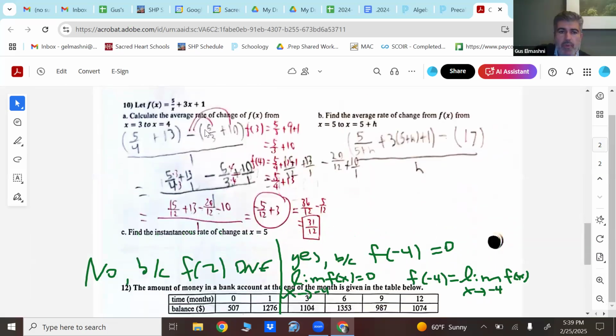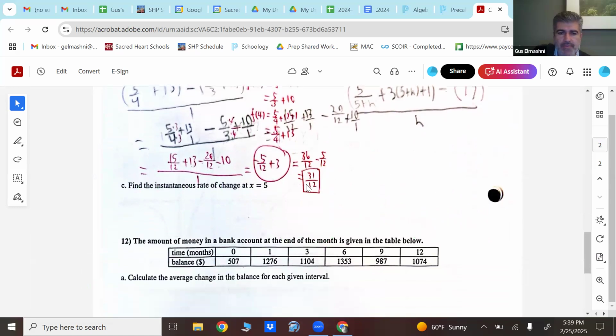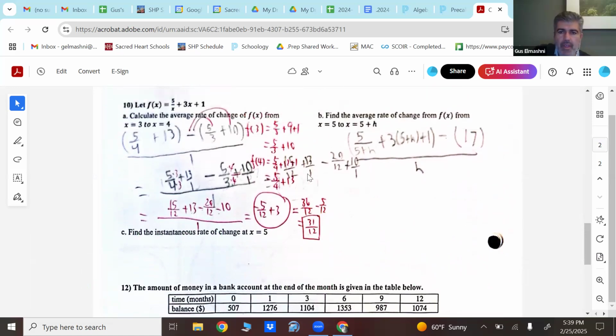Okay. We'll skip 9 for now. Let's look at the rates of change.